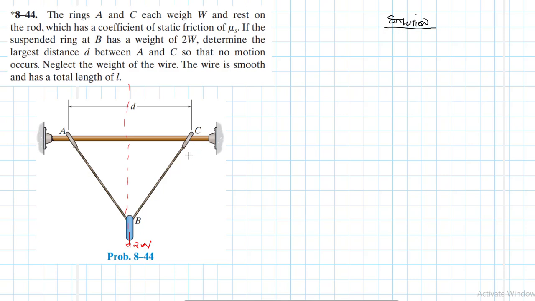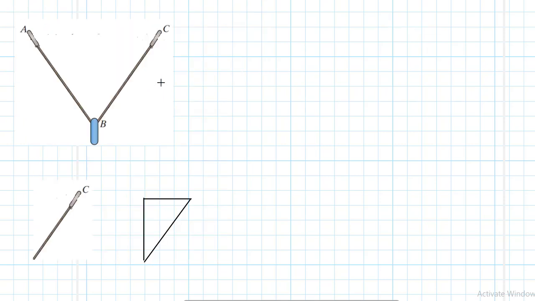So I have partially drawn these diagrams on the next page so that we don't consume so much time. So we are going to directly go to the next page to fill in the partial diagrams that I've prepared. So here we are.